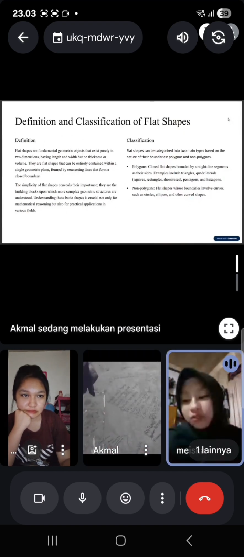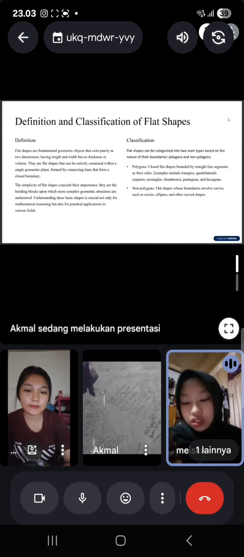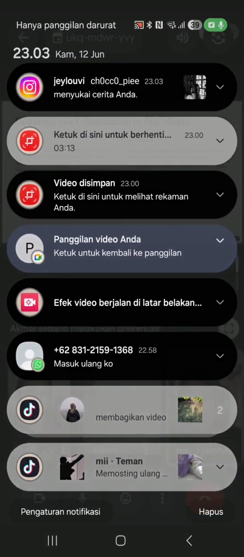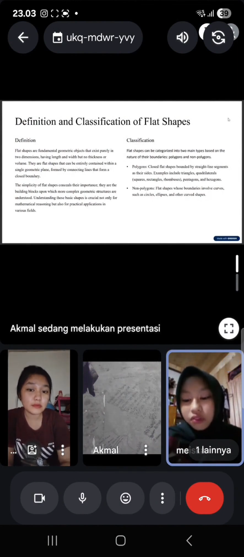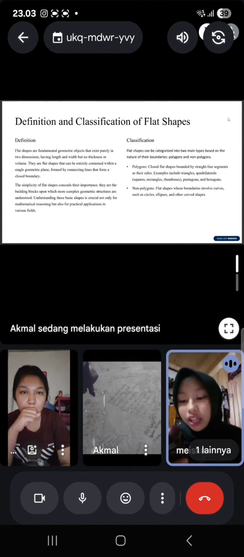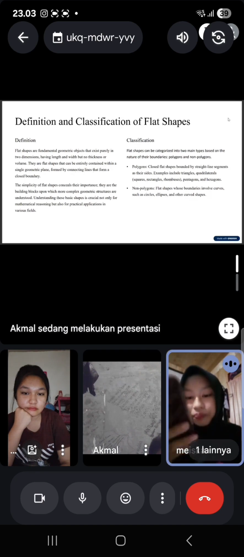Definition and classification of flat shapes. Definition: flat shapes are fundamental geometric objects that exist purely in two dimensions, having length and width but no thickness or volume. They are shapes that can be entirely contained within a single geometric plane, formed by connecting lines that form a closed boundary.